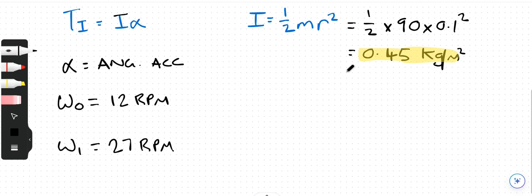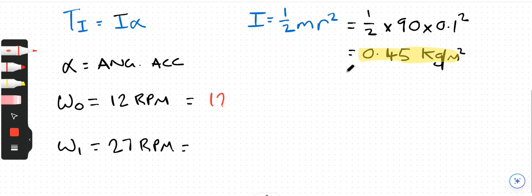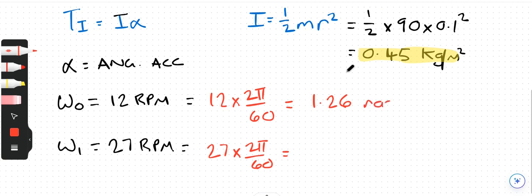We can't use RPM, we've got to be in radians per second, so we multiply by 2 pi over 60. 12 times 2 pi over 60 gives 1.26 radians per second, and 27 times 2 pi over 60 gives something like 2.827 radians per second.